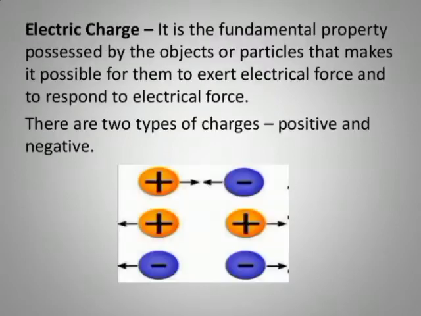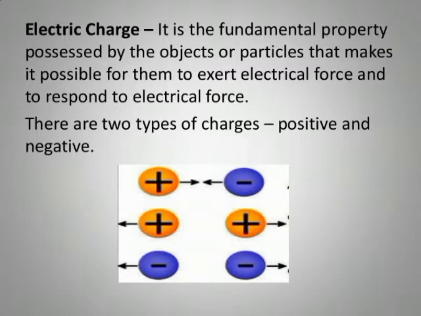Now, if I consider electric charge, it is a fundamental property possessed by objects or particles that makes it possible for them to exert electrical forces. Let us understand the meaning of this definition. It is a fundamental property possessed by objects or particles.